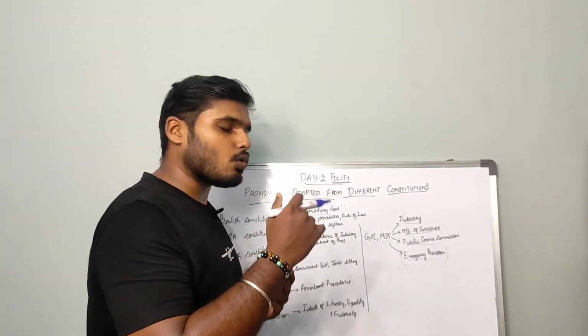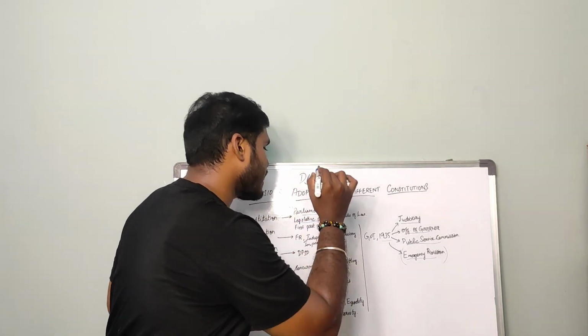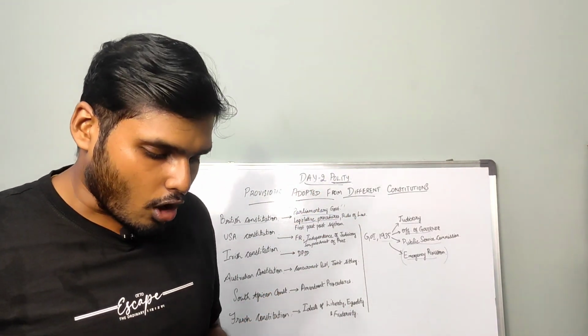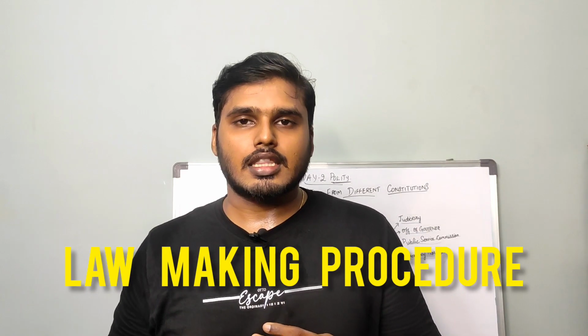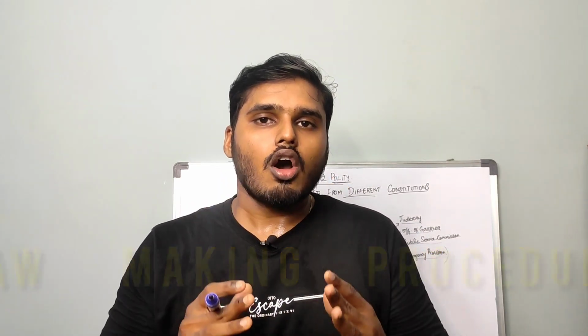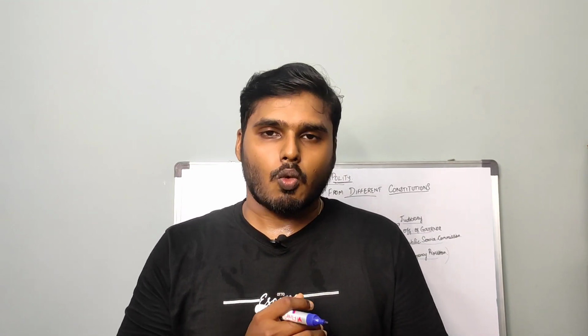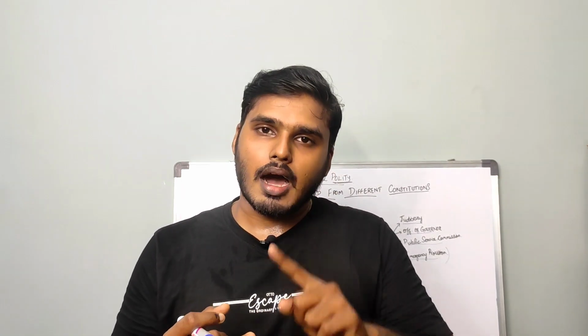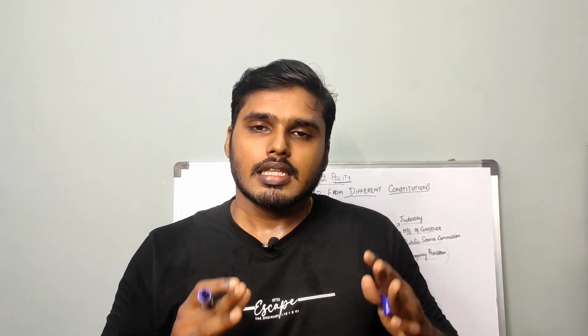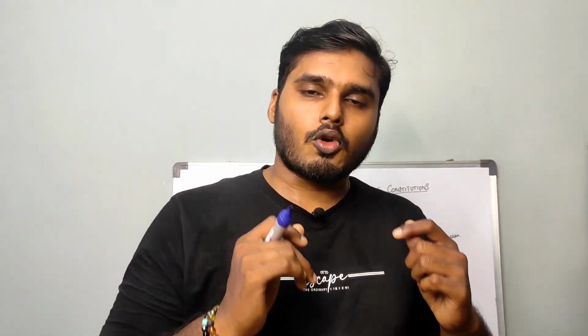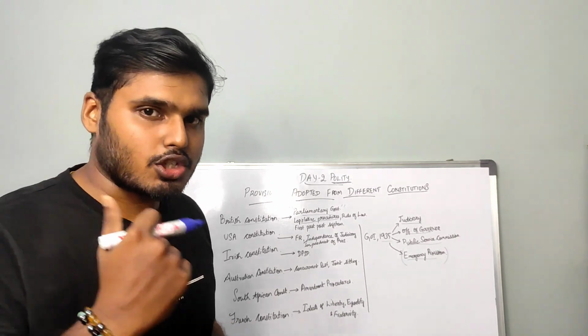The next features adopted are the legislative procedures and the rule of law. Legislative procedure is how a law is made and what majority is required to pass a law, be it in the state legislature, Parliament, or wherever. The rule-making procedure was adopted from the British Constitution.